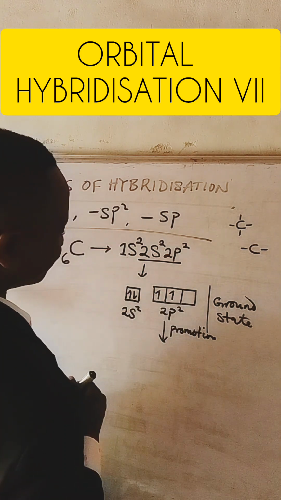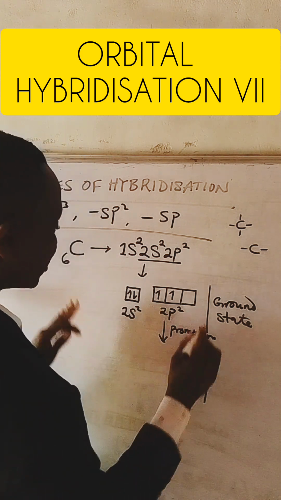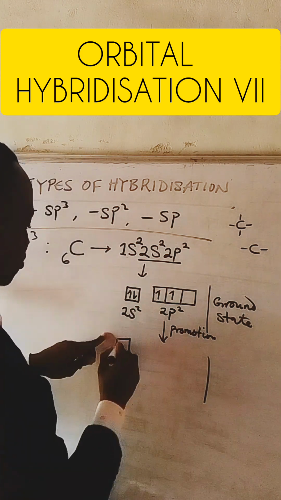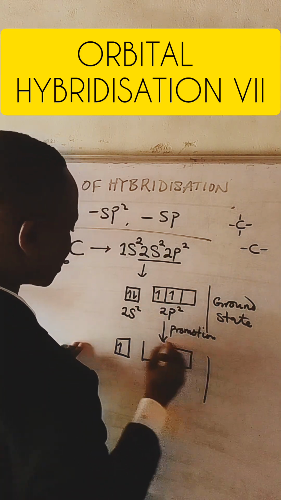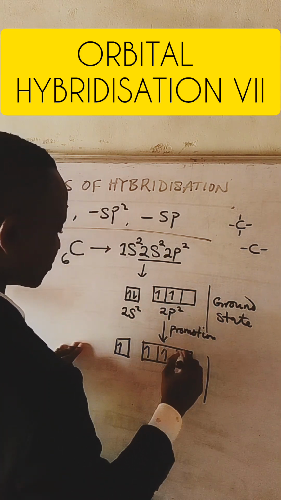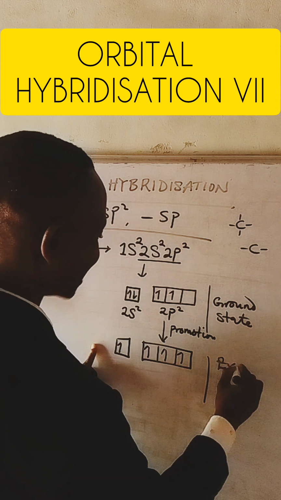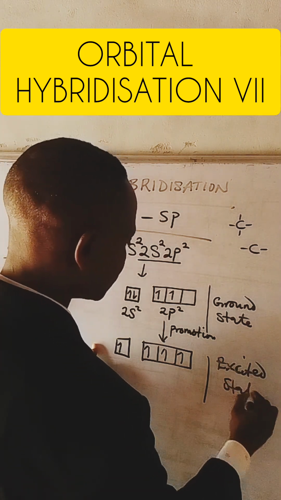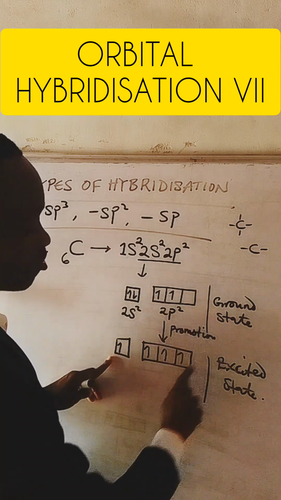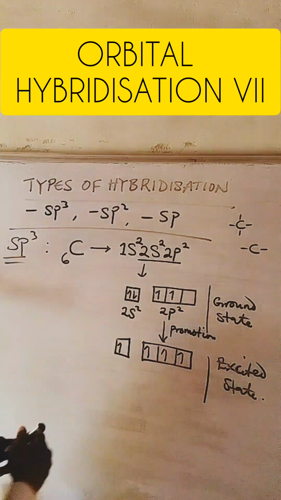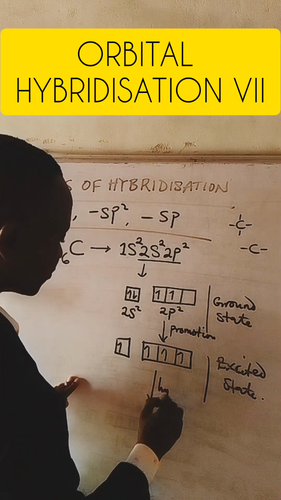It is promoted, and we get another state called excited state, where we have s orbital having one electron. One has been promoted here, and this is the kind of p orbital we get. Single, single, single. This state is called excited state because one electron has jumped from lower energy to higher energy. It is called excitation.